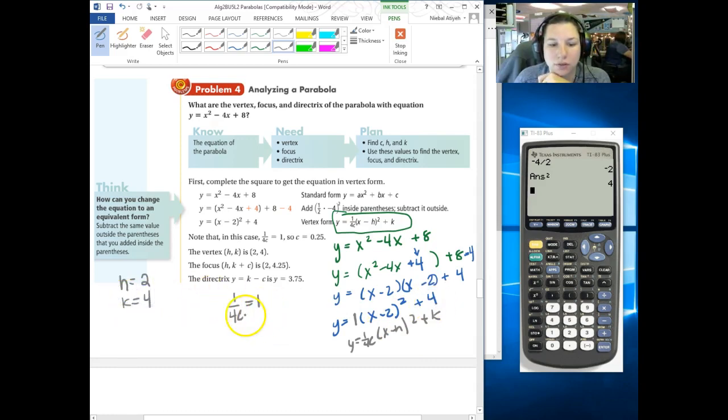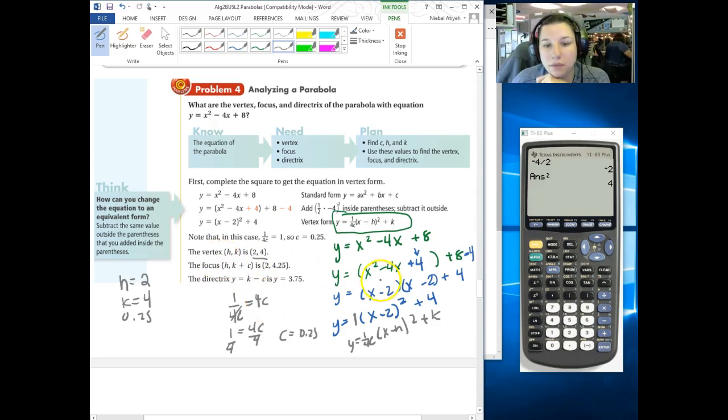Then I just need to solve this for c, so I'll multiply both sides by 4c and divide by 4, so c equals 0.25. So our vertex is (h, k), so our vertex is (2, 4).